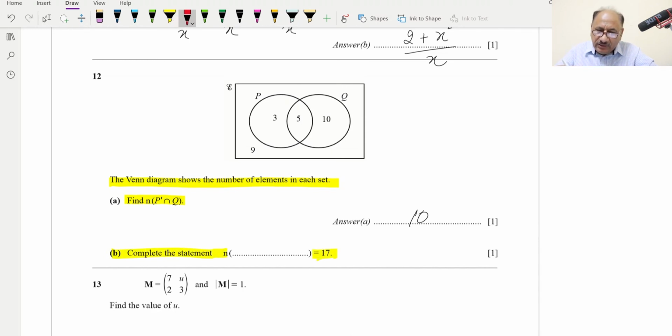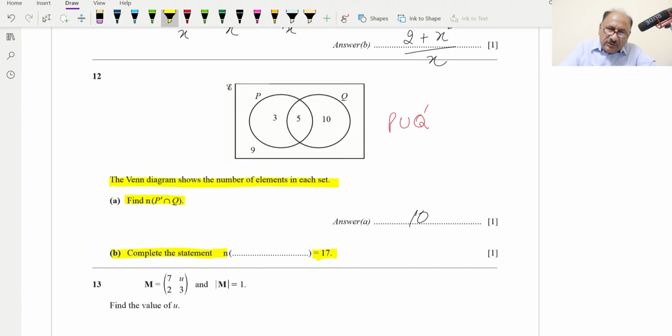What is 17? If we add these three numbers, we are getting 17. How will we get these three numbers? We will get these three numbers if we take P union Q complement. P union Q complement means the region which we are talking about.